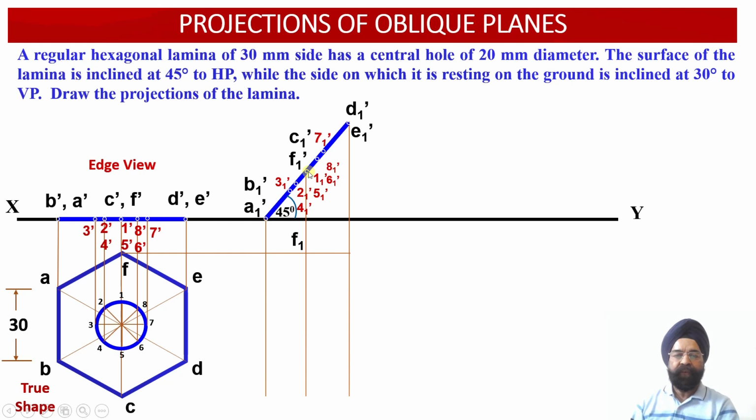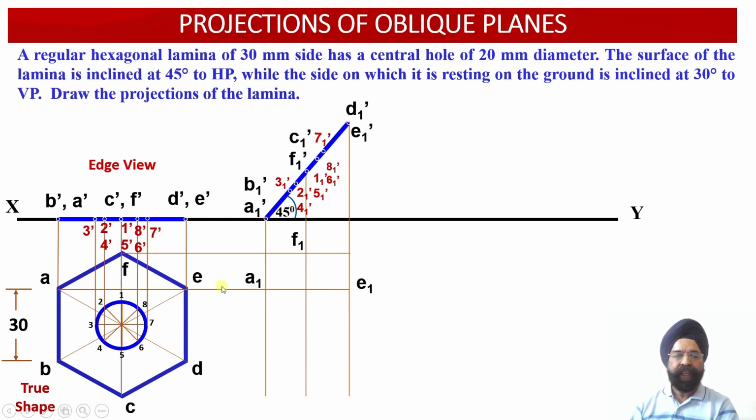So once we draw the vertical projector through the point F1 dash and we draw the horizontal projector through the point F, wherever these two projectors intersect, we obtain the location of the point F1 over here. Similarly, through A and E, we have drawn a horizontal projector line, and let us see where this horizontal line intersects with the vertical projectors drawn through the points A1 dash and E1 dash over here.